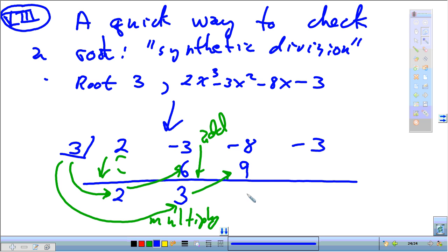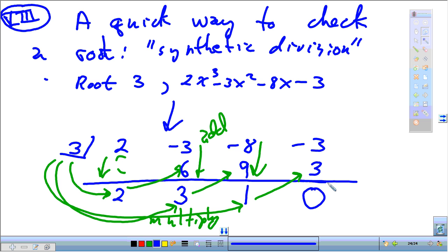I add in the column, and this time I get a 1. Take 3 times 1, move it up, add 0. So this last entry is a 0.